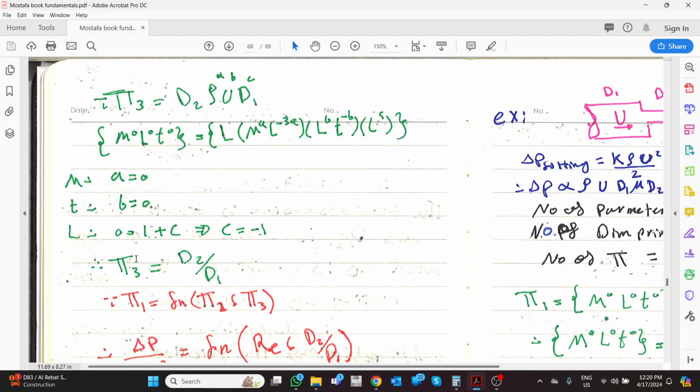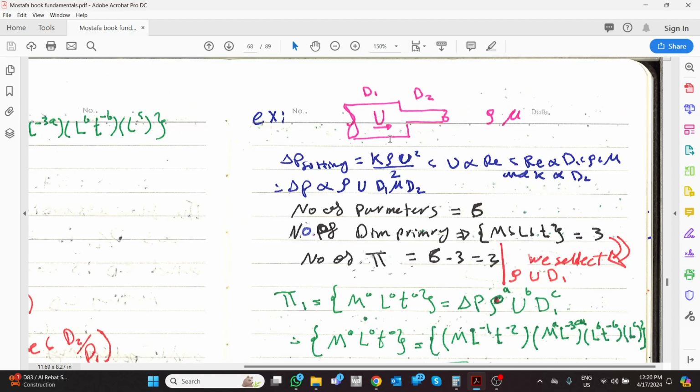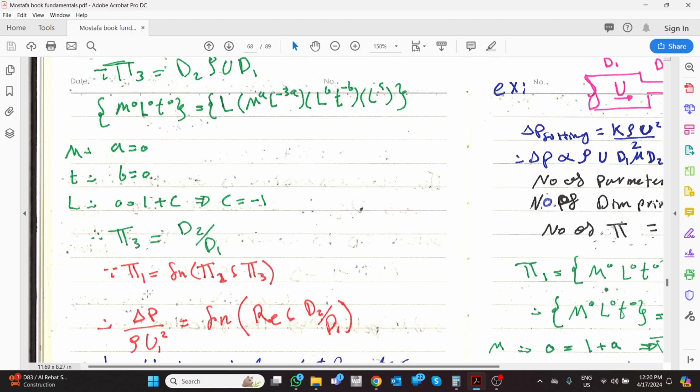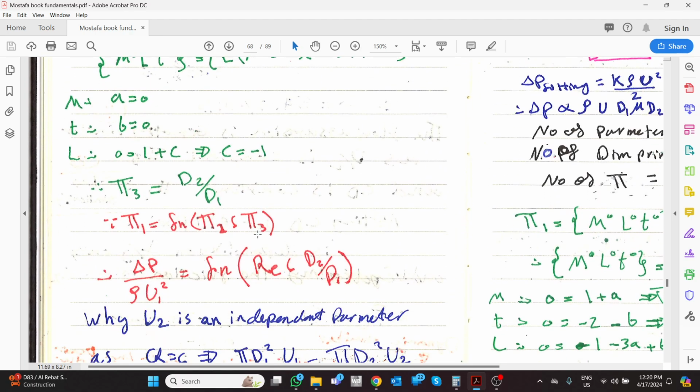For pi 3, apply and you will find it is d2 over d1. We know that pi 1 will be a function of pi 2 and pi 3, so delta P over rho u1 squared is a function of the Reynolds number and d2 over d1.